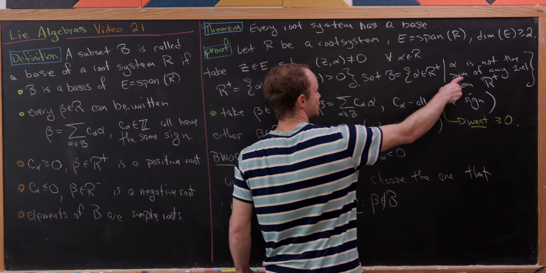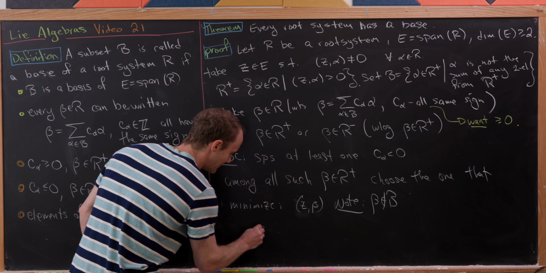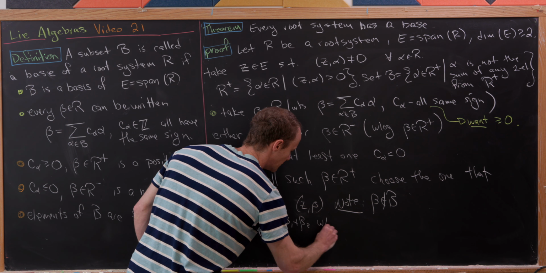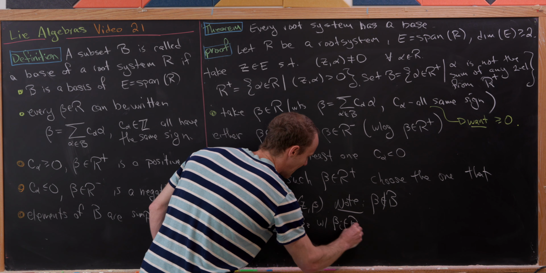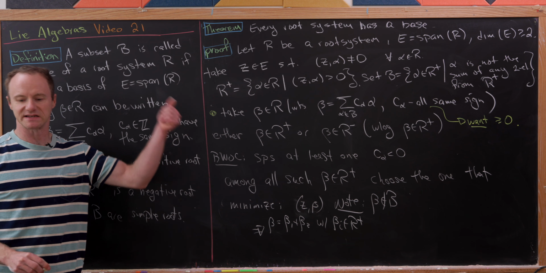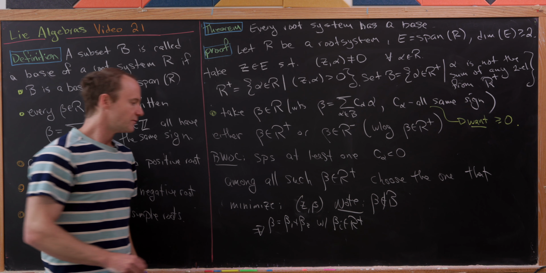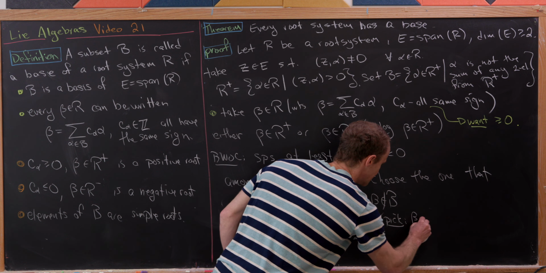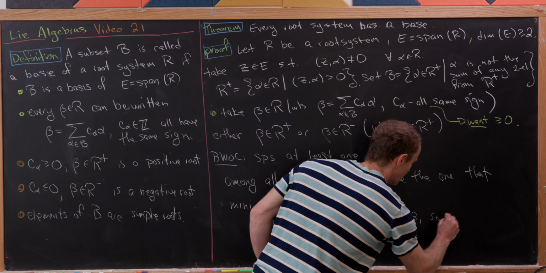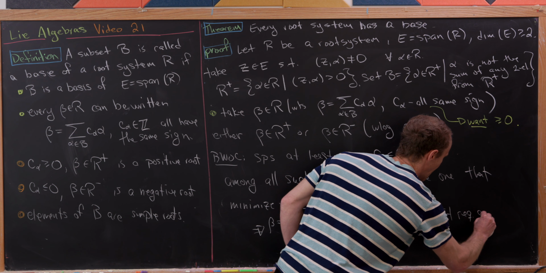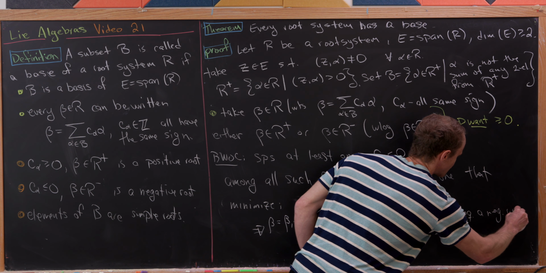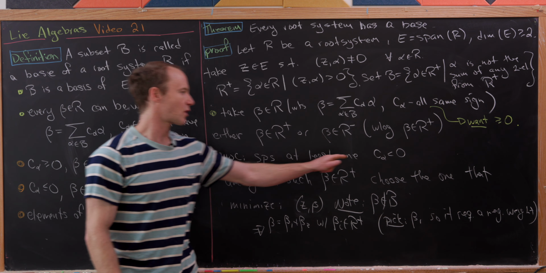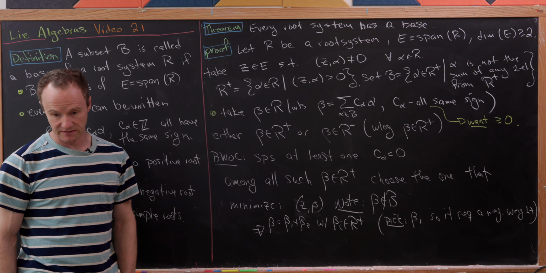But then by this condition defining B over here, that means that beta can be written as beta 1 plus beta 2 with these beta i's in R plus. That's that definition of B over there. But now let's pick the choice of naming of these beta 1, so it requires a negative weight here, to one of our elements of B. So it requires one of these things to be negative.